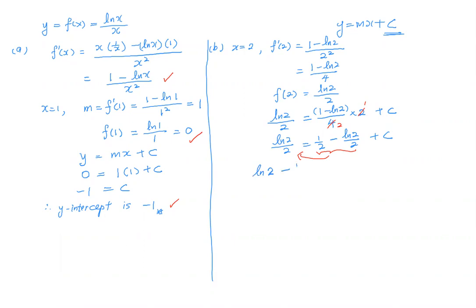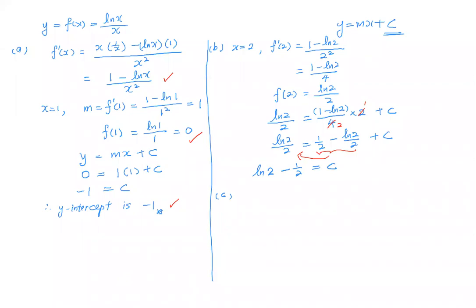Take away half. So you got your y-intercept. Done with that. Are you clear? So now when you do part C, you can see the pattern already, correct?